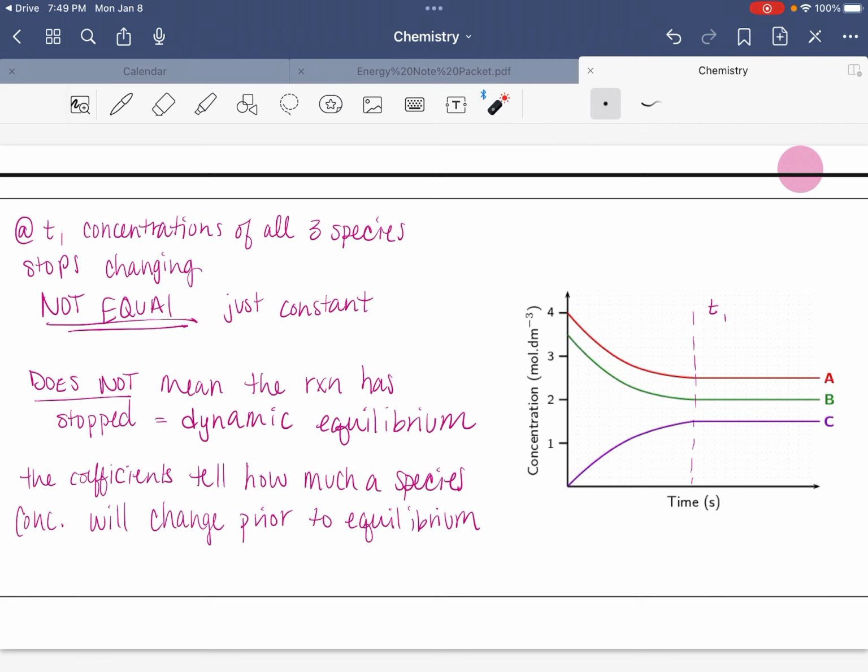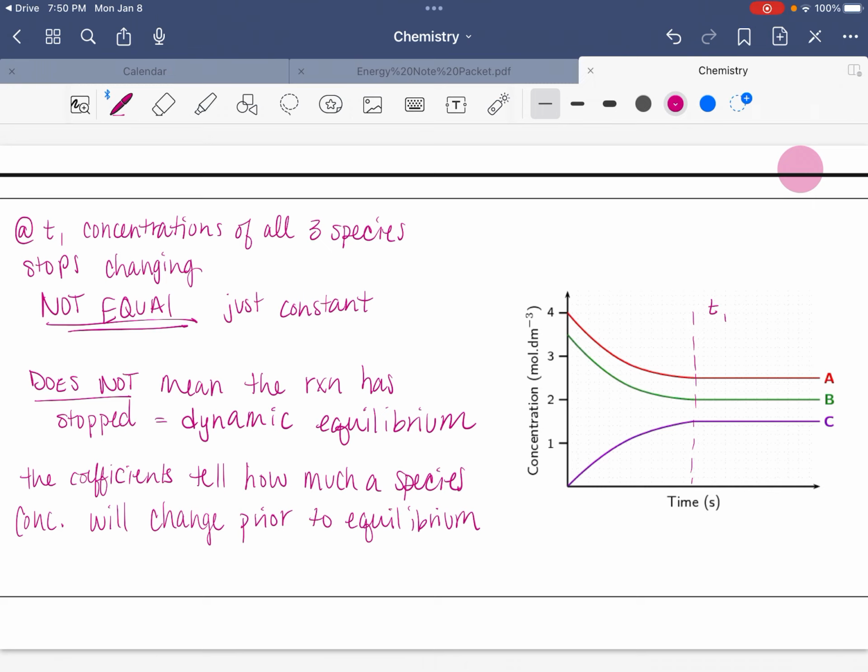So they would both have the same coefficient out in front because they're both being used up at the same rate. For C, we notice that it also rises 1.5 in concentration at equilibrium, so it would also have the same coefficient.